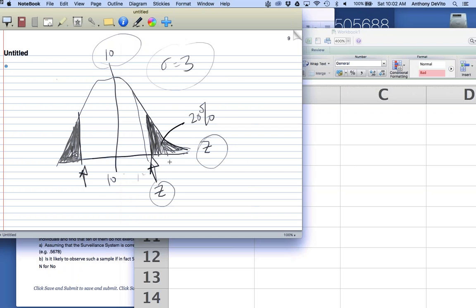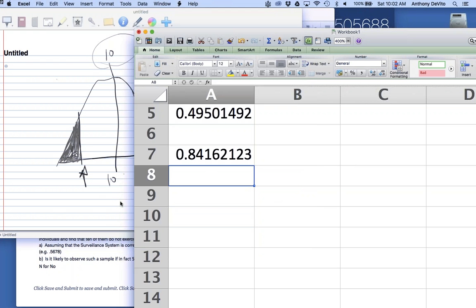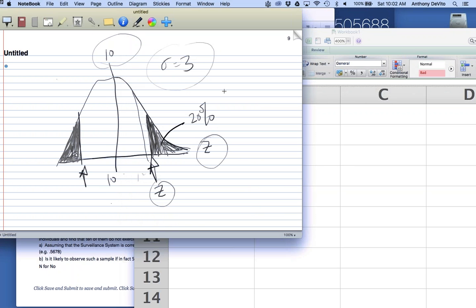So if I go back here, my z-score is 0.84. Z is equal to x, the value that we're interested in, minus the mean over the standard deviation. So 0.84 is equal to x minus 10 over the standard deviation, which is 3. I can solve this equation with a little bit of algebra: times 3 on both sides. We get 3 times 0.84, and the minus 10 becomes a plus 10, is equal to x.